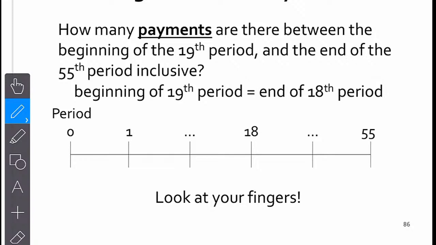The beginning of the 19th is the same as the end of the 18th. Remember that discussion we had yesterday at the beginning of the class. The end of the 18th is the same as the start of the new one, the 19th. So I'm asking you now how many payments beginning on the 18th and going to the end of the 55th inclusive. What I'm saying is how many tick marks between here and here.